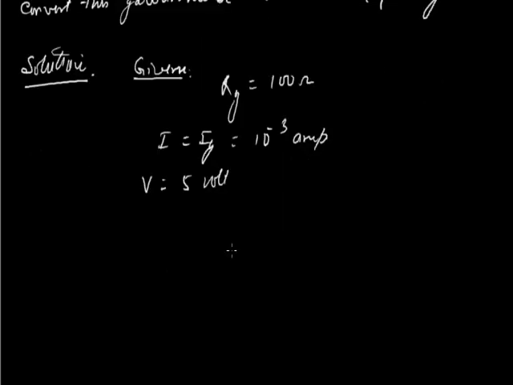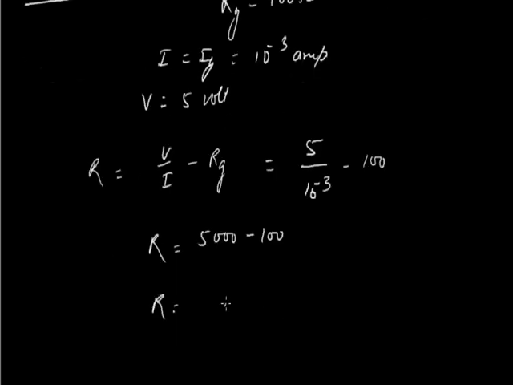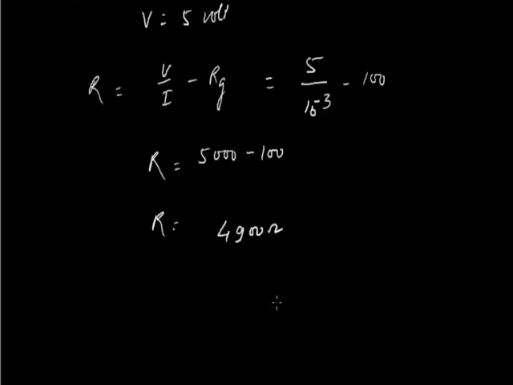According to the formula, R is V upon I minus Rg, that's 5 upon 10 raised to the power minus 3, minus 100, or R is 5000 minus 100, or R will be 4900 ohm, the high resistance.